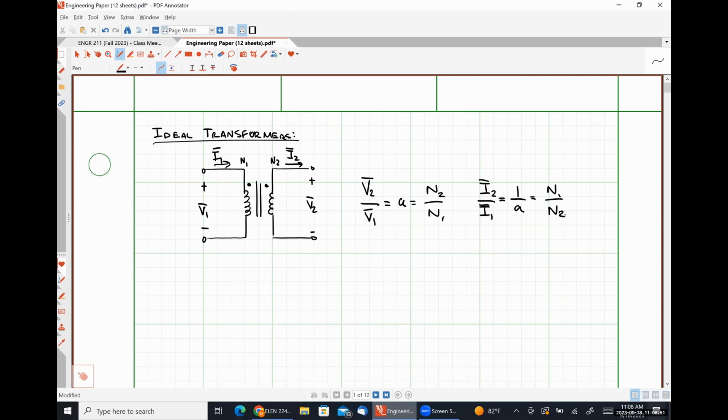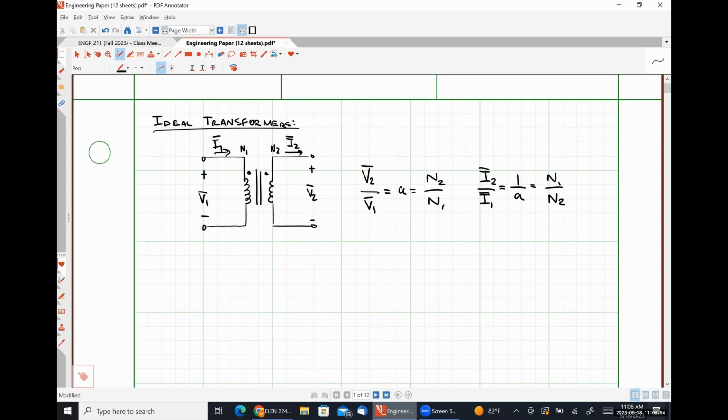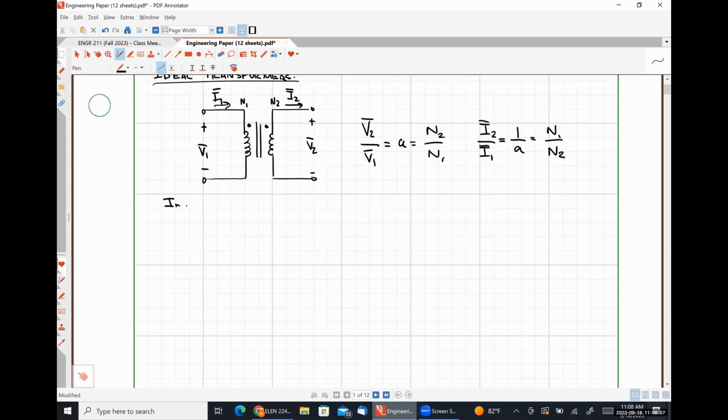Okay? So let's consider the case where we have, let's call this impedance matching. With some phasor voltage Vs. Let's call this voltage V1, this current I1 like so.